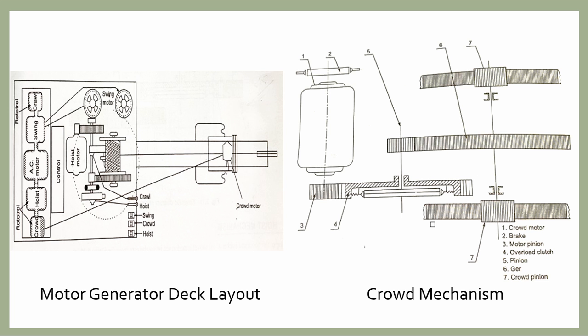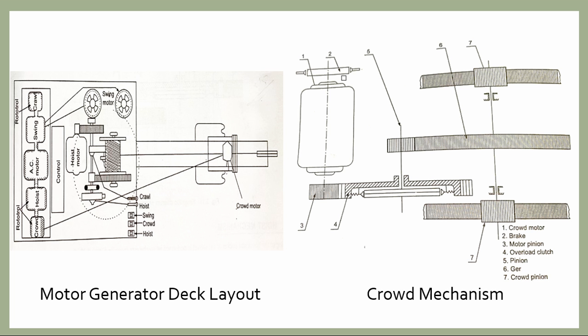Now coming to the crowd mechanism. Here students, you can find this picture. The picture basically denotes 7 points, numbered 1, 2, 3, 4, 5, 6 and 7. These 7 numbers denote 7 units. The first one describes the crowd motor.